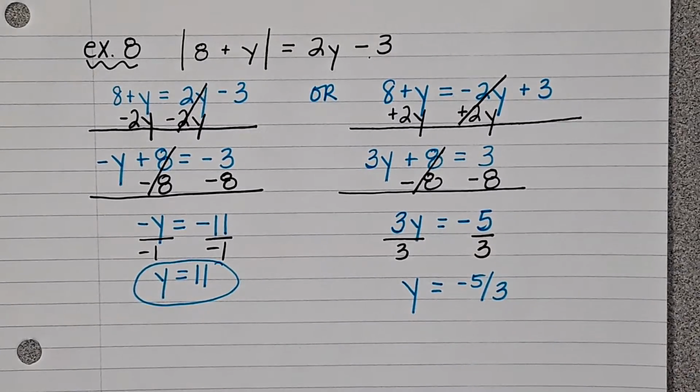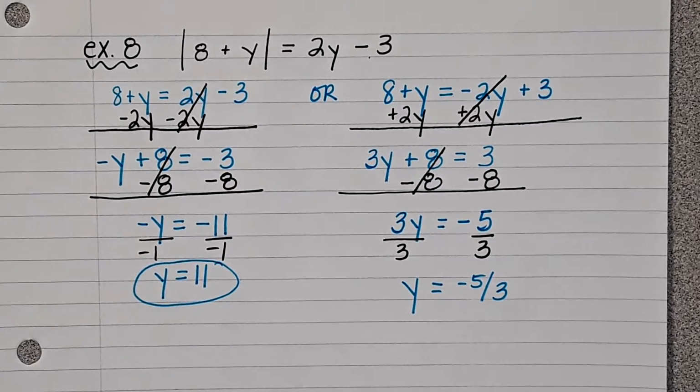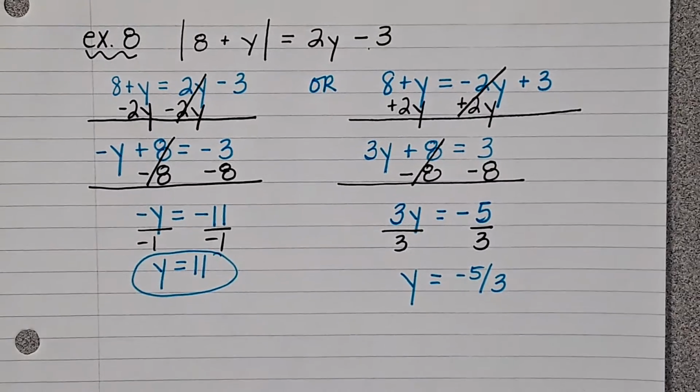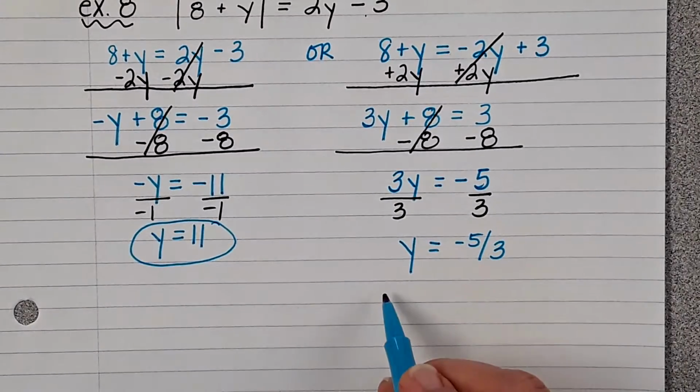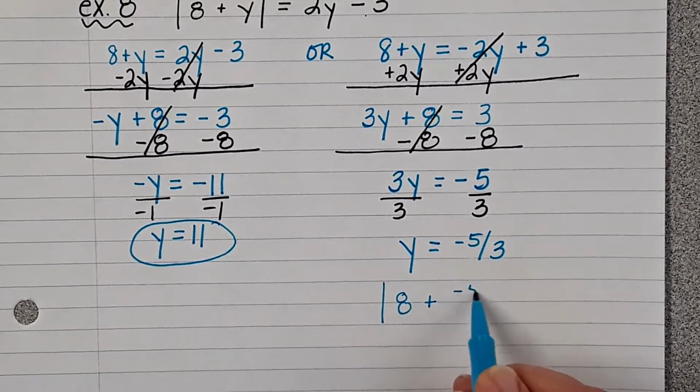Now, you have to check your answers. You're not going to want to, but you're going to need to. I'm just going to show you a real quick check. Because this is a fraction, I would just do it really quick.